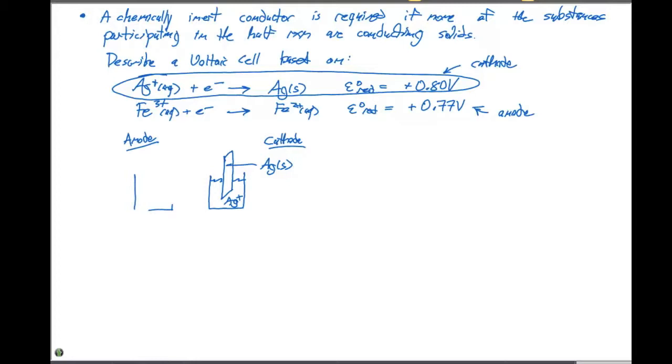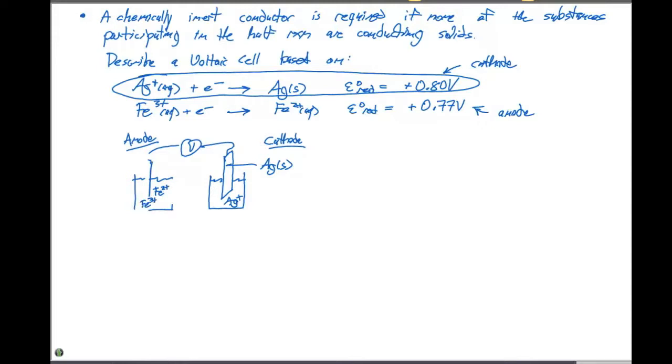In the case of the anode, we have two ions in solution. So what we typically observe is we'll put some kind of platinum wire in here and connect that over through the voltmeter. In this solution, we initially start with a 1 molar solution of iron 2 plus and a 1 molar solution of iron 3 plus.